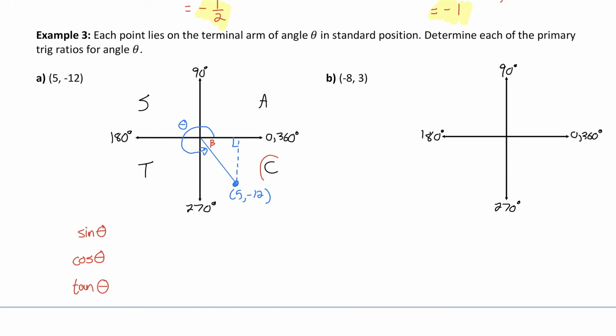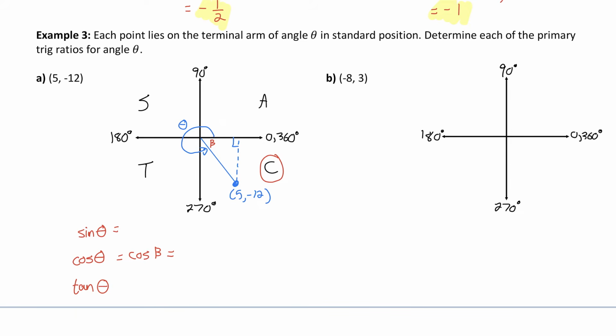And I do that because based on the CAST rule, I know that I can use the reference angle beta to get my trig ratios as long as I consult if I have to make the ratio negative or not. In this quadrant, only cosine is positive. So cosine of theta is equal to cosine of the reference angle. I can leave it as a positive answer.